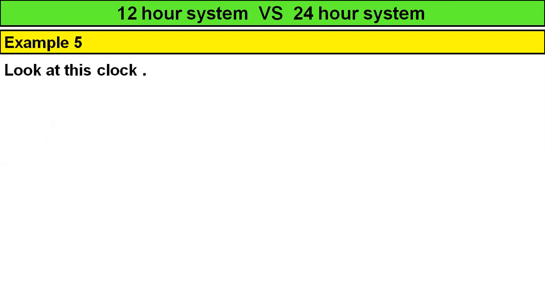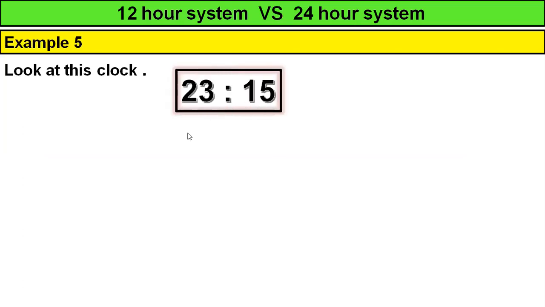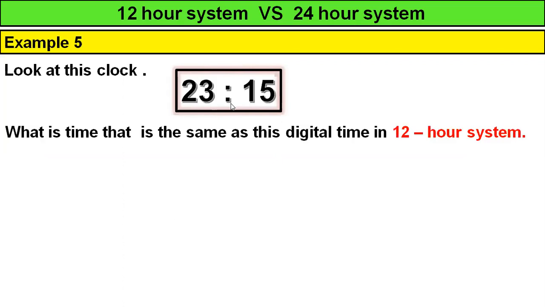Look at this example. This digital clock shows 23:15. What's the time that is the same as this digital time but in the 12-hour system? First, what do you think is that period of time? Is it PM or AM? Of course PM, because this is such a big number.